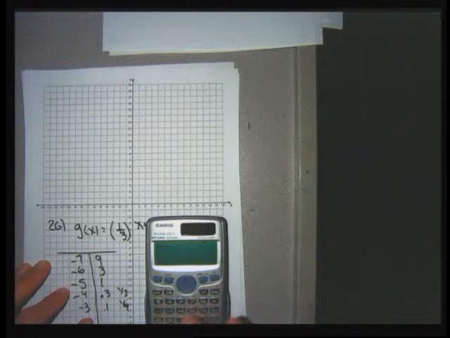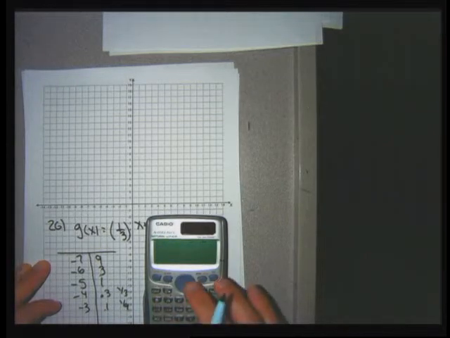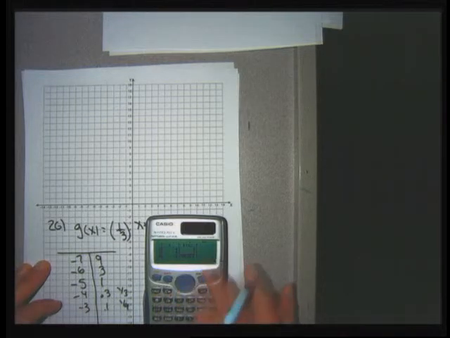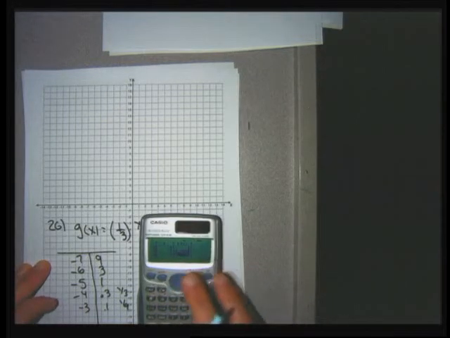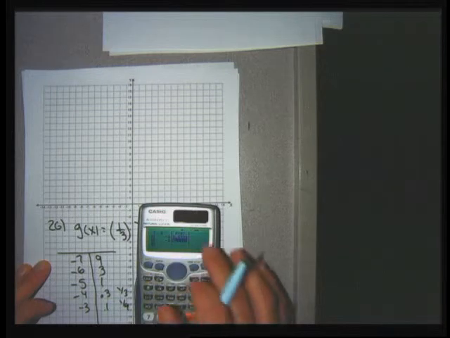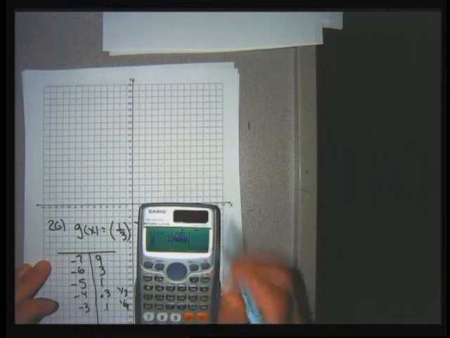Start at -7, end at -3, step 1, first point -7, 9, second point -6, 3, third point -5, 1, fourth point -4, 0.3 or 1/3, fifth point -3, 0.1 or 1/9.